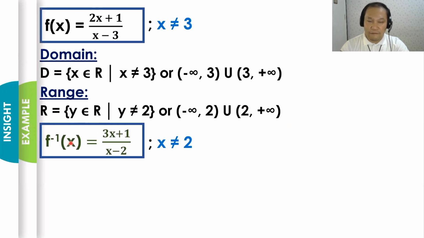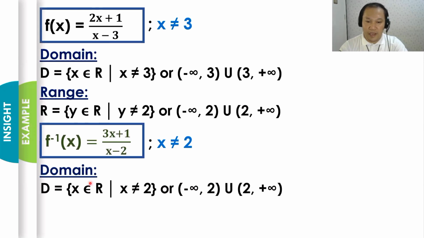On the other hand, for the inverse, x is not equal to positive 2, therefore our domain will be x is an element of the real numbers such that x is not equal to positive 2. In notation, negative infinity to positive 2, union 2 to positive infinity, with open parentheses.